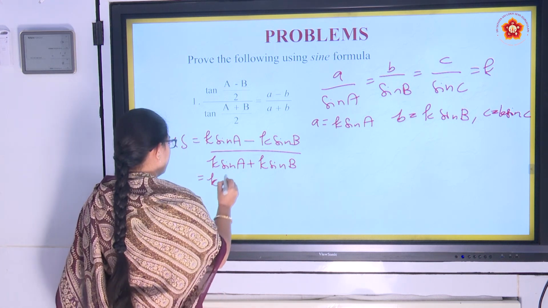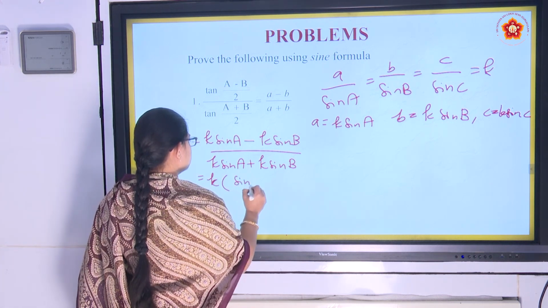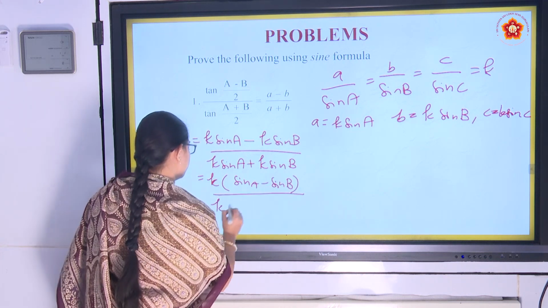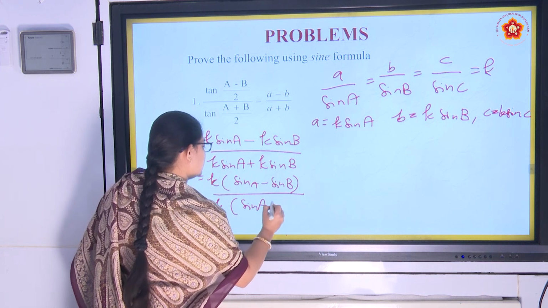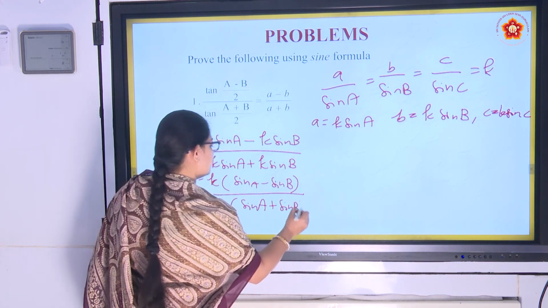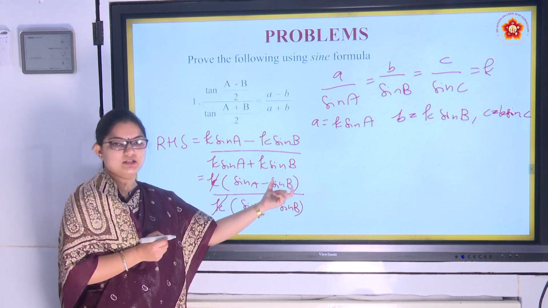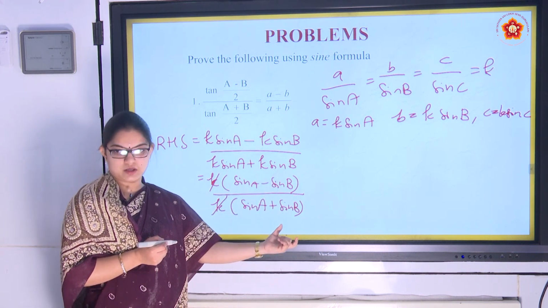So k, if we take out, sin A minus sin B divided by k into sin A plus sin B. So k k we can cancel. What is remaining? Sin A minus sin B divided by sin A plus sin B.